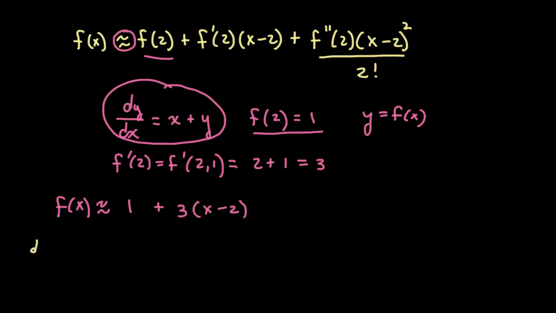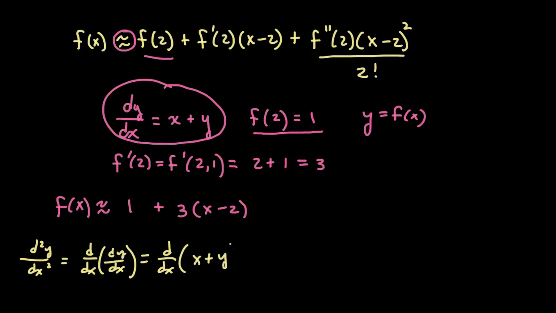Let's do the second derivative. And the second derivative, as you recall, is the derivative of the derivative. And so that's going to be the derivative of x plus y. The derivative of x is 1, but the derivative of y is dy/dx. Implicit differentiation.